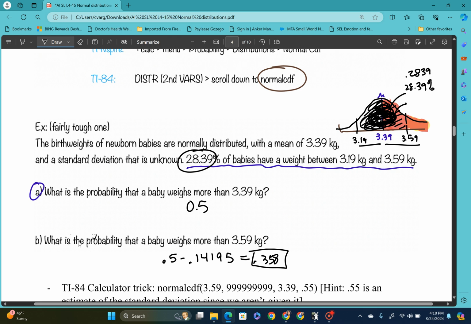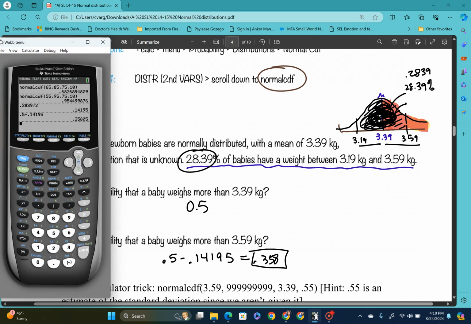If I wanted to estimate it, I could have used the normal CDF. So just watch real quick. Second Vars, always option number 2. My minimum number is going to be 3.59 because that's where we're starting from. There is no max, so I'm just going to put a whole bunch of 9s.